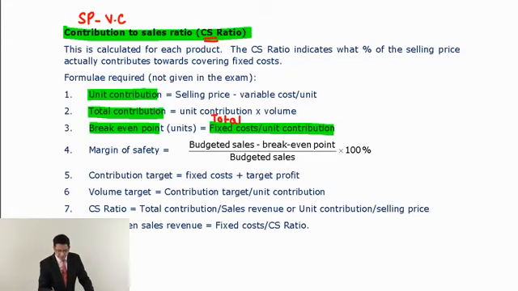Here is the margin of safety, which is budgeted sales minus break-even sales, divided by budgeted sales. Sometimes instead of budgeted sales, examiners call that total sales. So total or budgeted sales minus break-even sales, divided by the total or budgeted sales, times 100. And what we believe is, the greater the better.